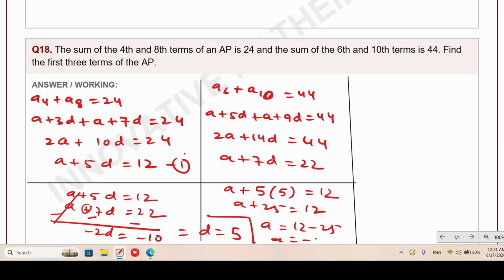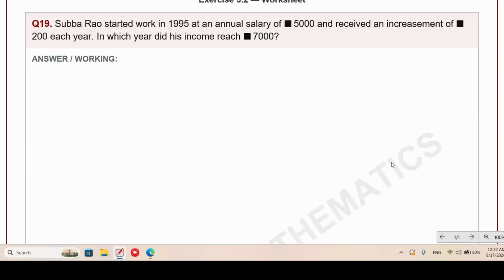So a is equal to minus 13 and d is equal to 5. So AP is a, a plus d, a plus 2d. Okay, so a is negative 13, and this one will be negative 8, negative 3. This is your answer.